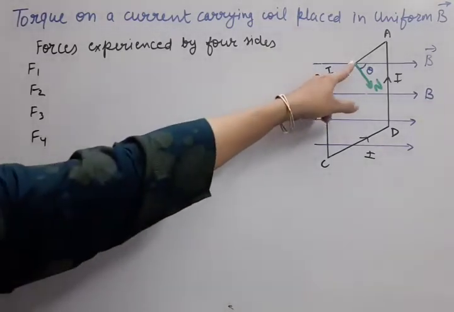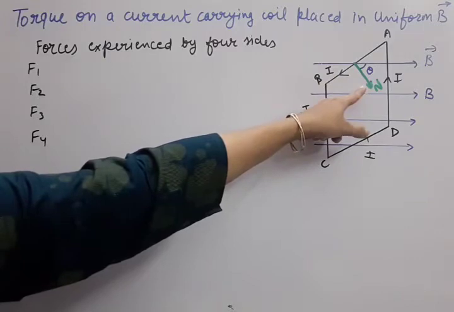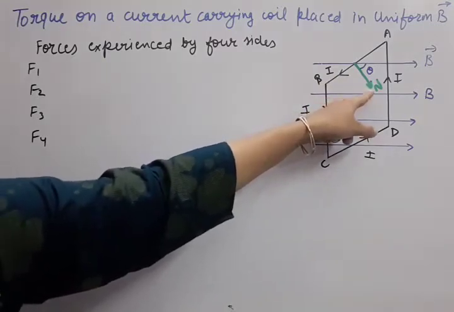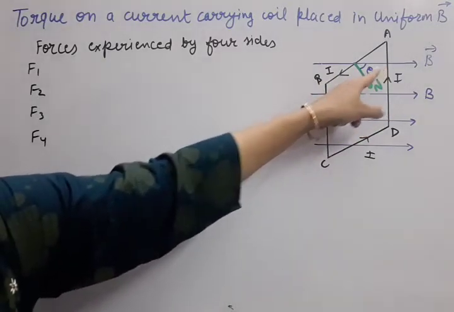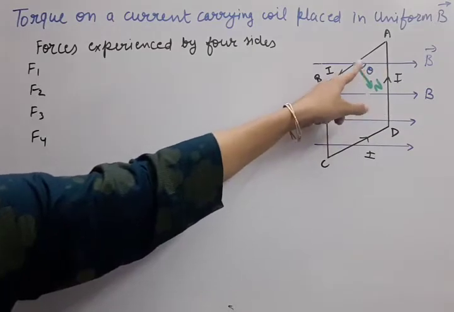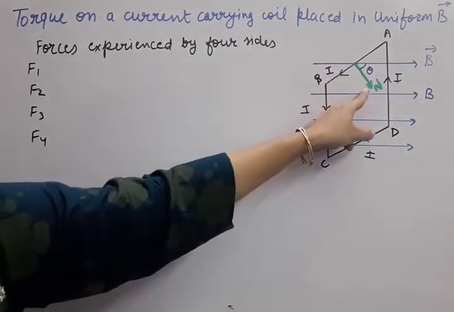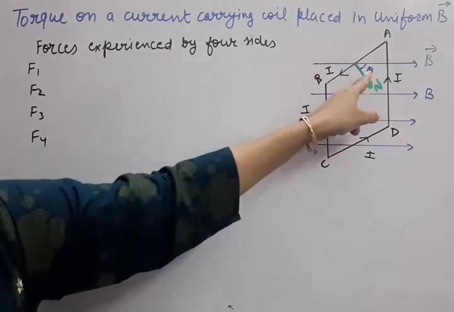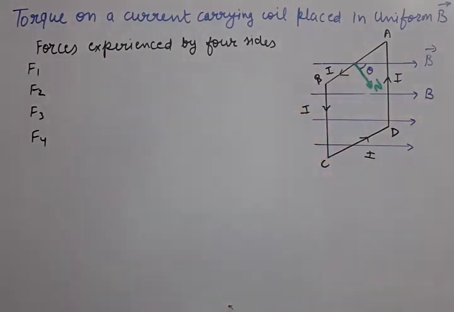You can see I have drawn a normal to the coil, and with the normal, the magnetic field B is making angle theta. I will show you with the help of these pens.